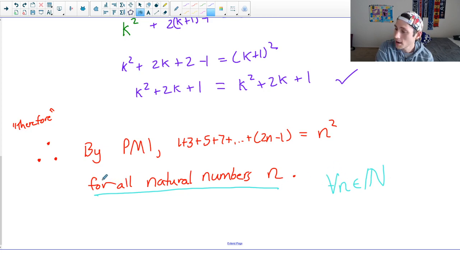So the upside down A represents "for all." The capital N with the bar represents the natural numbers, and the little n represents the little n. You can write whatever you want. I don't care. You can just write it out in words. But if you really like symbols and such, you can write it this fancy way.